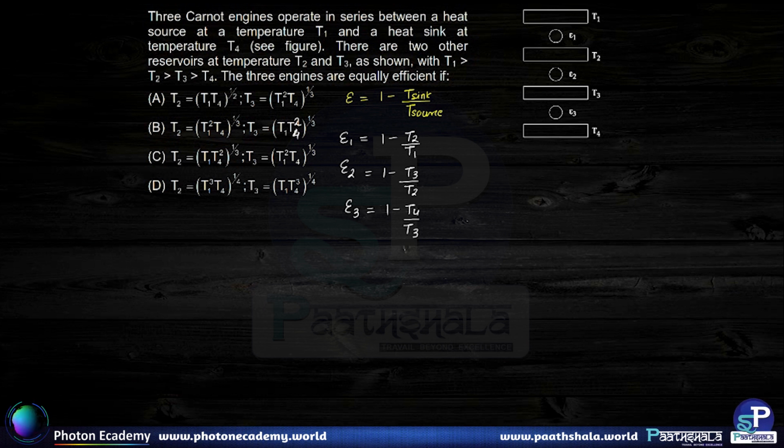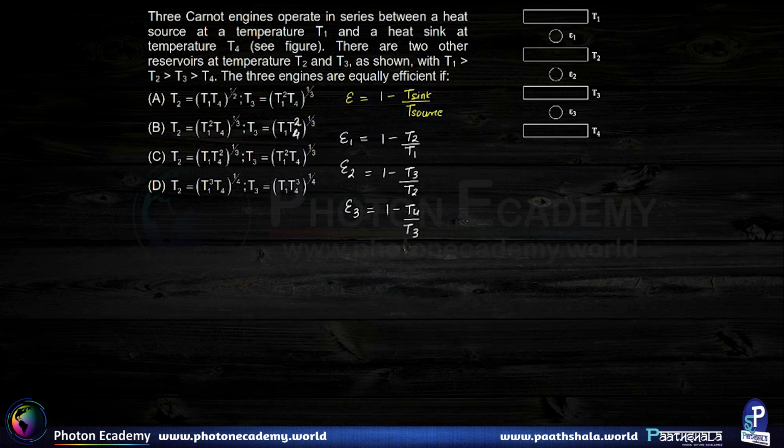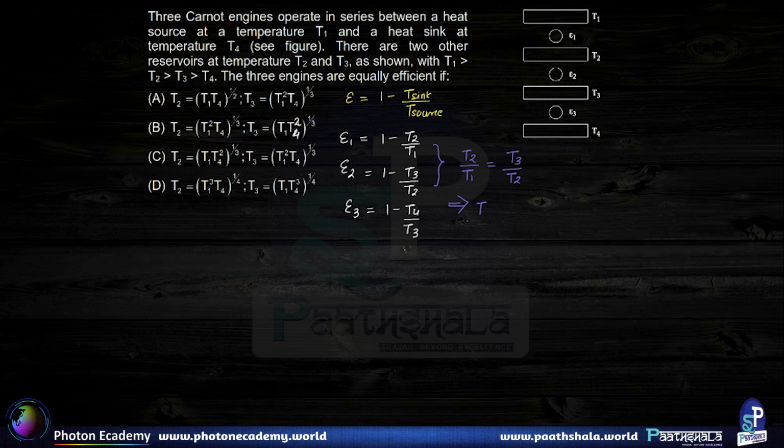Now what has been specified or given to us is the fact that all the three efficiencies are equal. So from these two we get the relation T2 upon T1 is equal to T3 upon T2, which implies T2 square is equal to T1 T3.